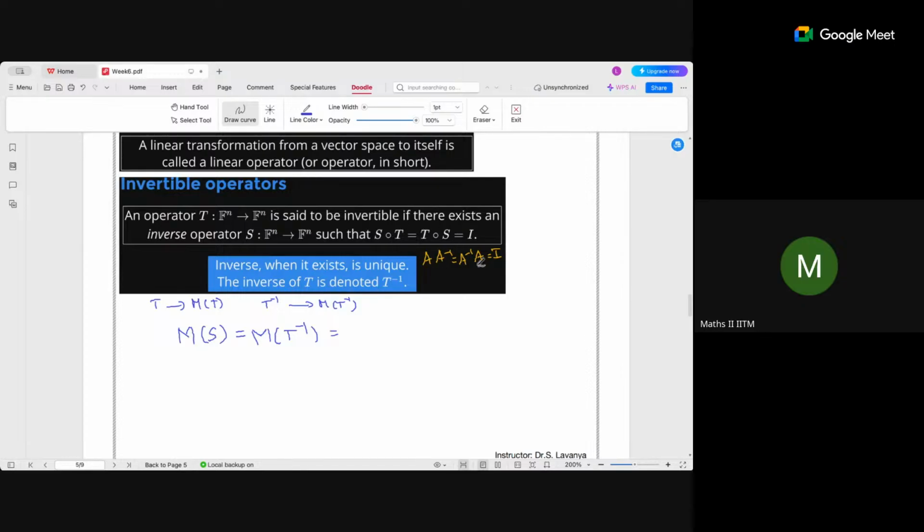You want this property first of all: S composition T, and you also know that M of S composition T is the same as M of S times M of T. So M of T times M of T inverse is equal to I. Now tell me what is M of T inverse.